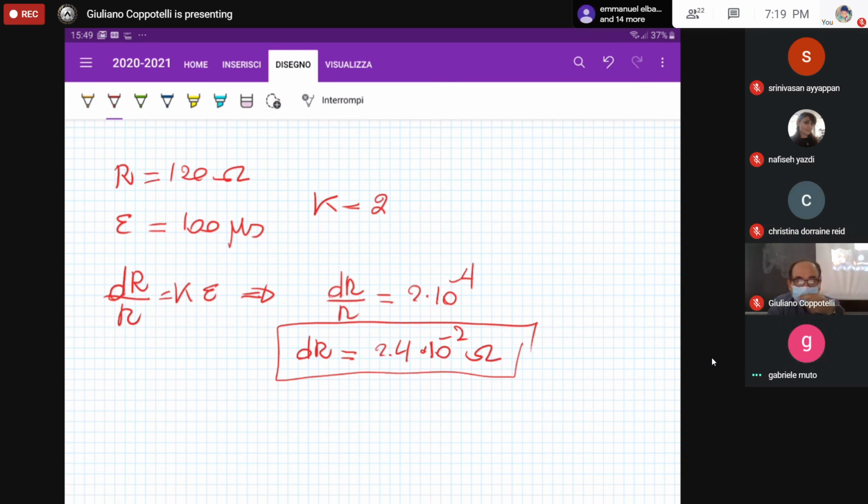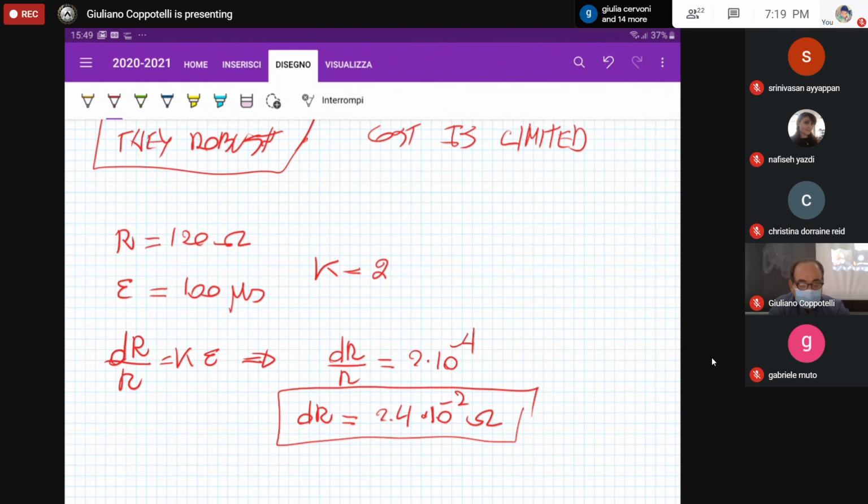Yes. Thank you. So if you refer to the typical values in strain gauge measurements, we have a base resistance of 120 ohms typically. We would like to measure a strain of about 100 microstrain, and you are using a strain gauge with a strain gauge factor K equal to 2.